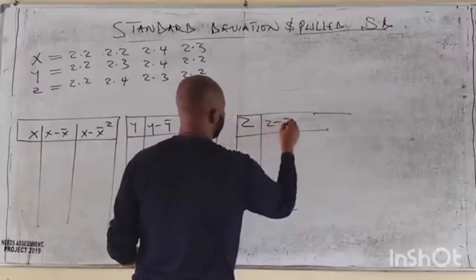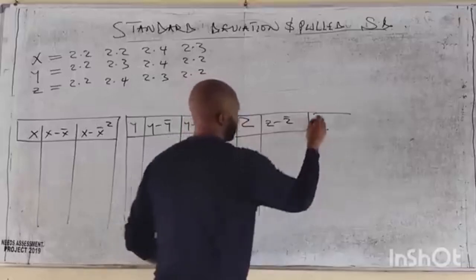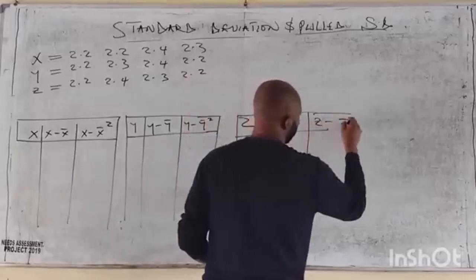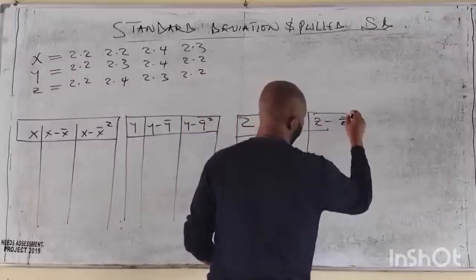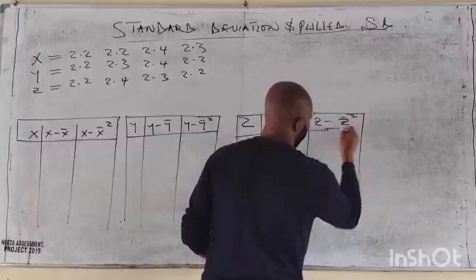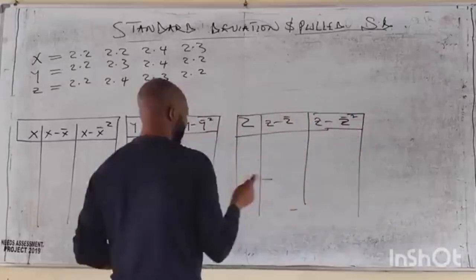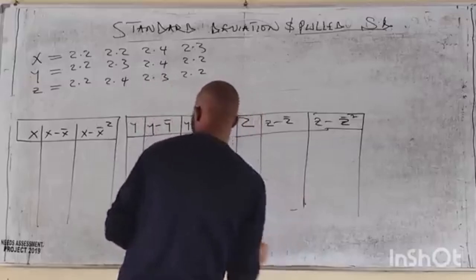Z minus z bar, that's z mean, z minus z bar squared. So, these are all the parameters we're going to be dealing with.